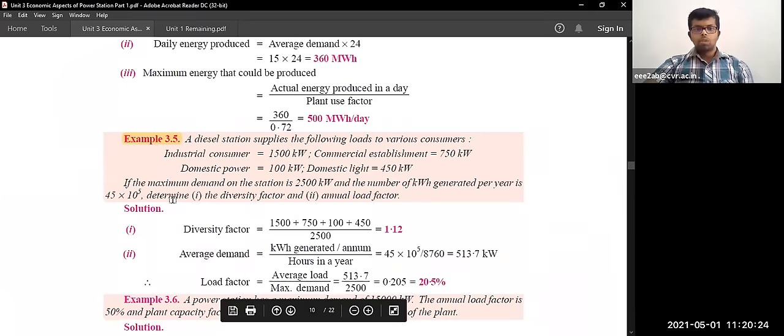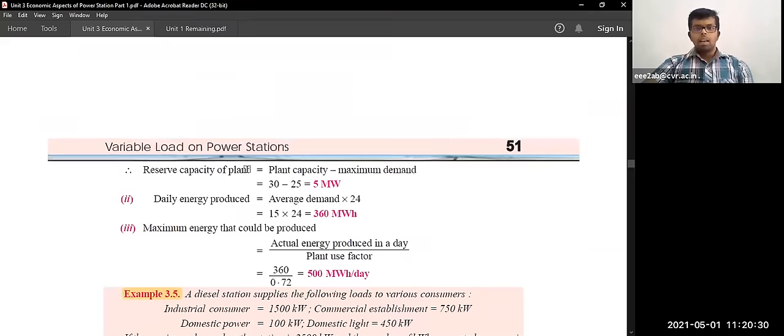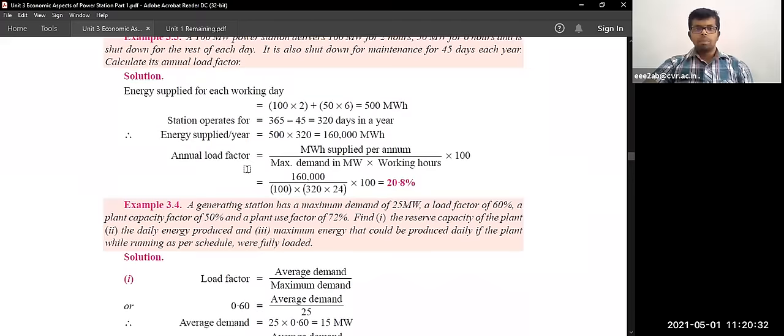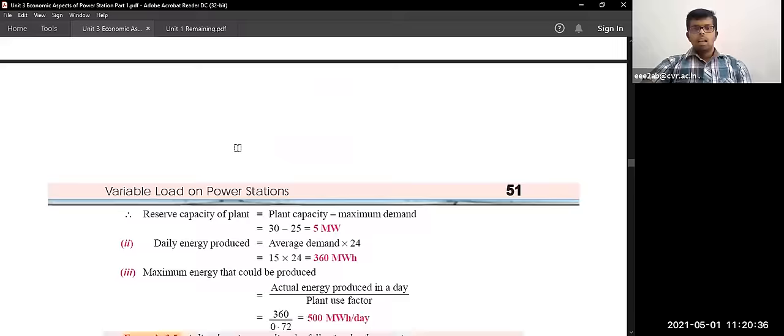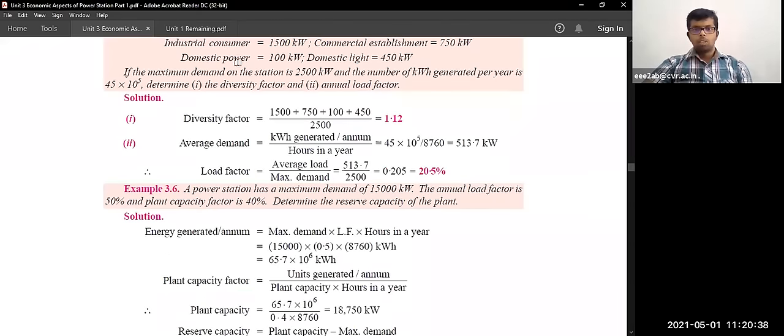First they may ask you to draw the load curve and load duration curve. Next they may ask for the demand factor, diversity factor and load factor. These five things they may ask for 10 marks. Very easy, you can get it directly.